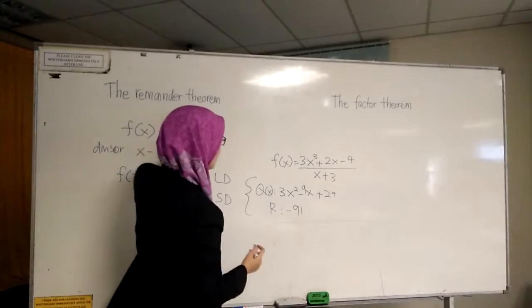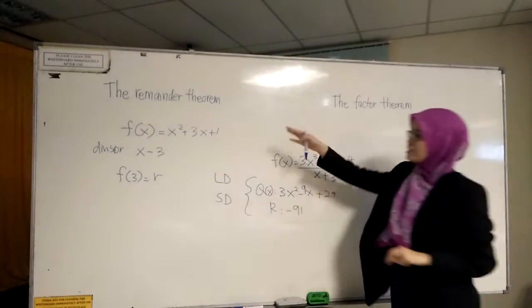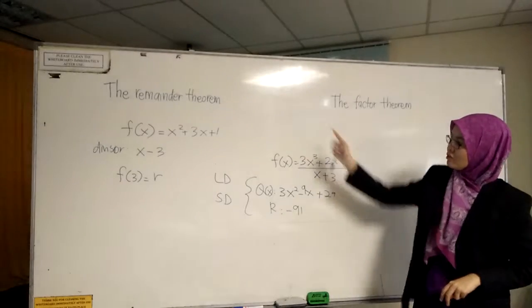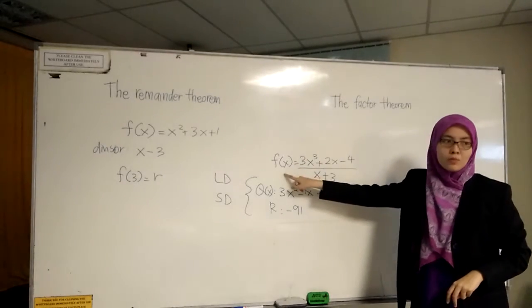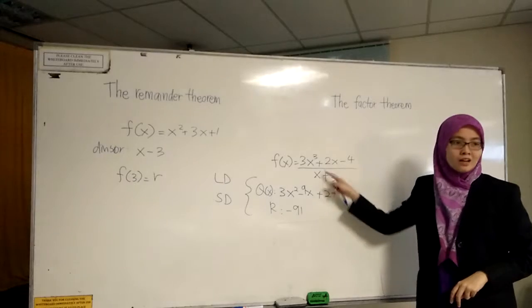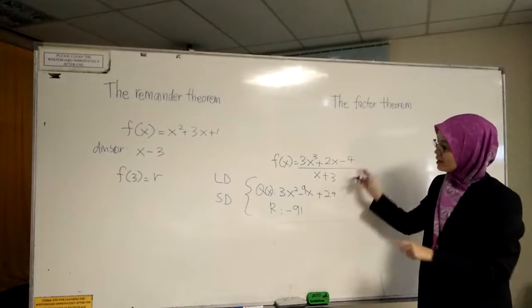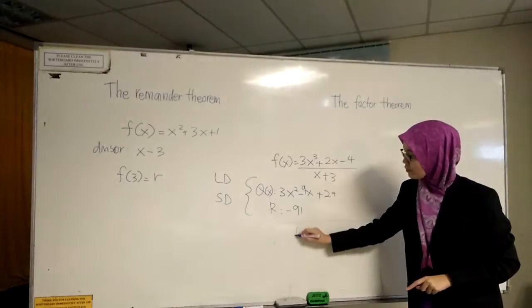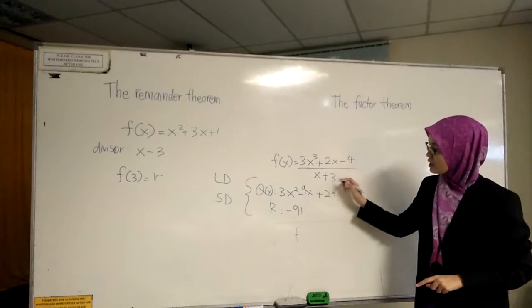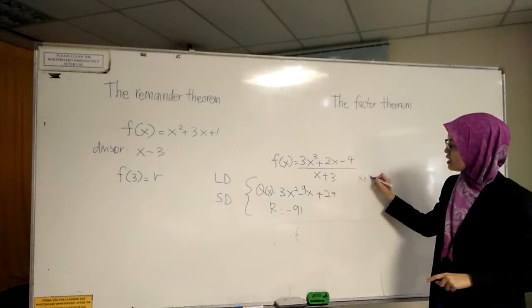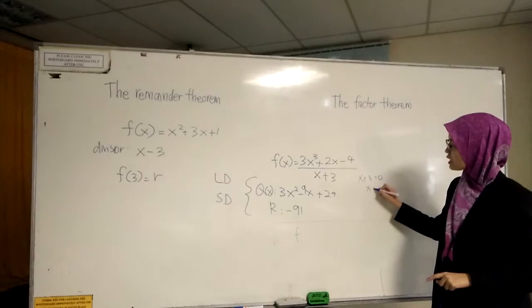By remainder theorem, as mentioned, if you have a polynomial and this polynomial is divided by a linear equation, you can directly find the remainder as f of the root, because the linear divisor x plus 3 equals 0, so x equals negative 3.